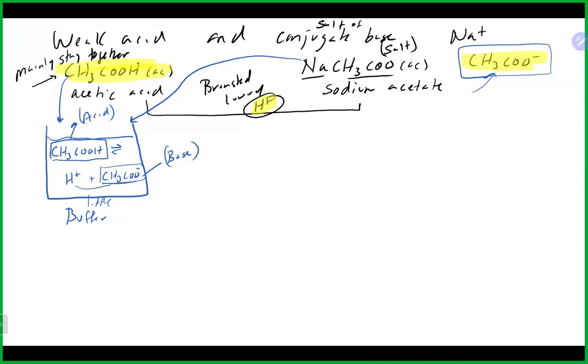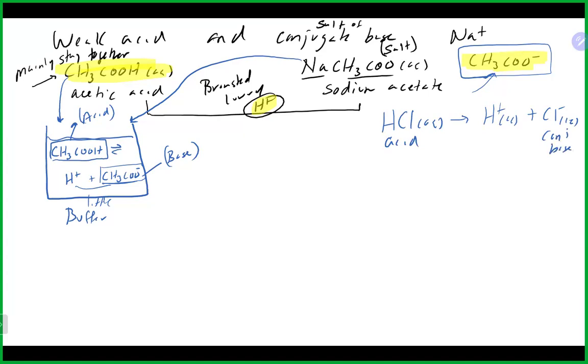That is also why you cannot have a buffer that's made up of just a strong acid or a strong base. So for example, let's just say you wanted to make a buffer from hydrochloric acid. And you're like, well, I have hydrochloric acid, which is HCl, and I have this conjugate base, which is Cl minus, right? So I have my acid and my conjugate base.